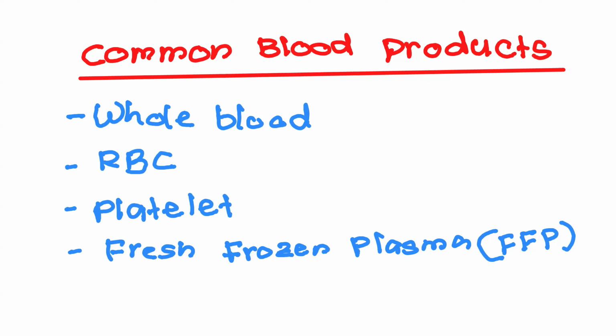And the other thing is, if the patient presents with a clotting problem, we have to transfuse FFP, right? So think about a patient who has cirrhosis. In cirrhosis, the production of proteins, platelets, and clotting factors can be very limited.